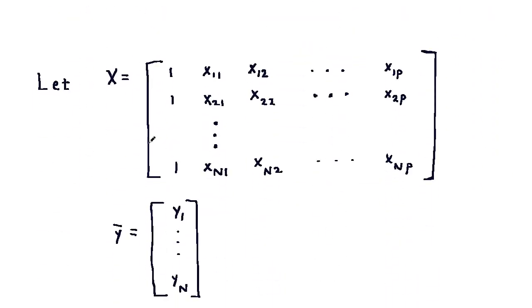Let X be this matrix. Here we have a bunch of 1s along the first column, then x11, x21 through xn1 in the second column, and so on.